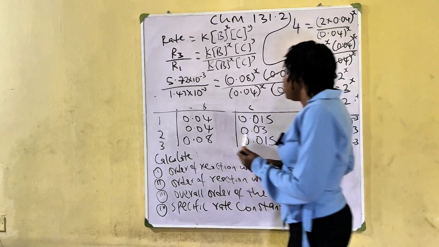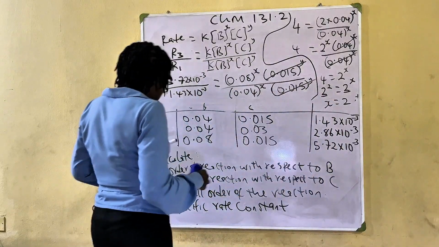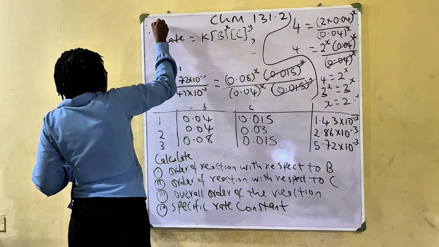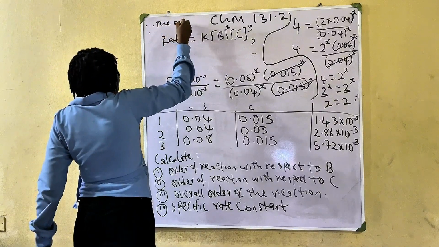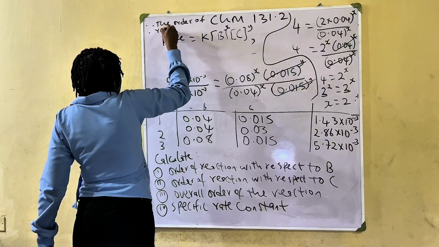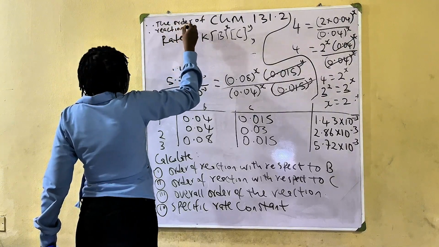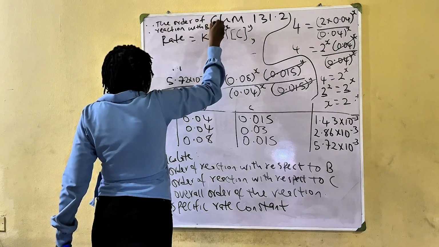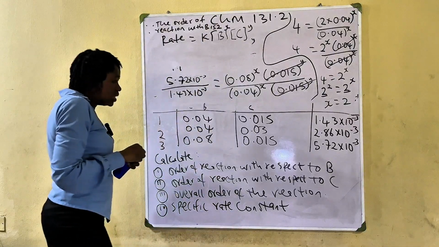So I've gotten our B. I'll make a statement: therefore, the order of reaction with respect to B is 2. You just put that statement in your book.